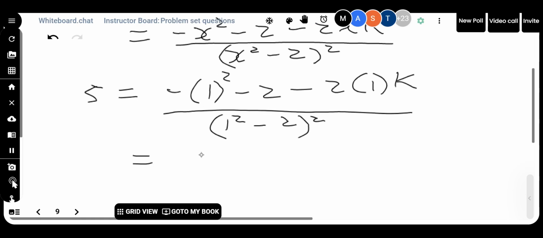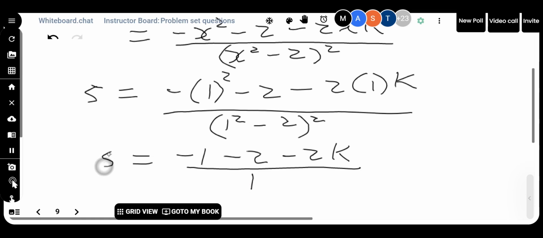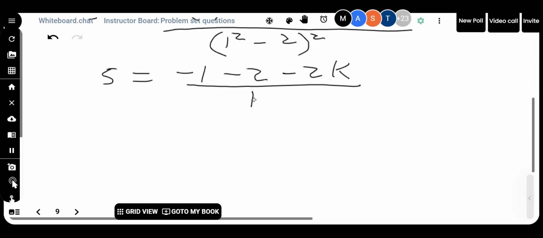So that's equal to minus 1 minus 2 minus 2k, essentially over 1. 1 squared minus 2 is just minus 1, and then you square it, you get 1, is equal to 5. Well, we've seen this before where we just had to cross multiply.